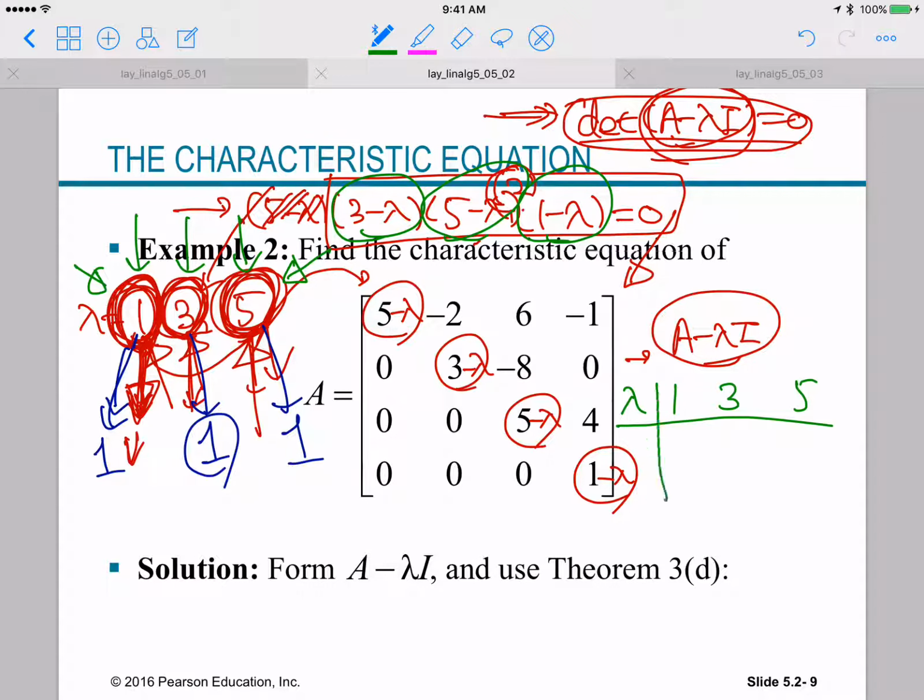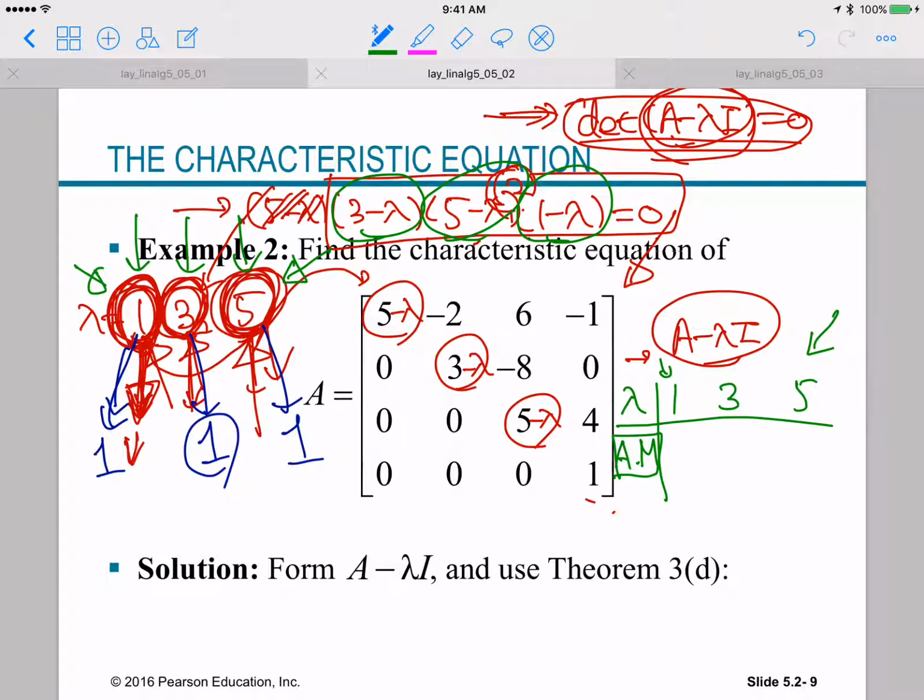So let's create some table. The next row is algebraic multiplicity. I'm creating this table on the bottom right, and I just listed three different solutions.